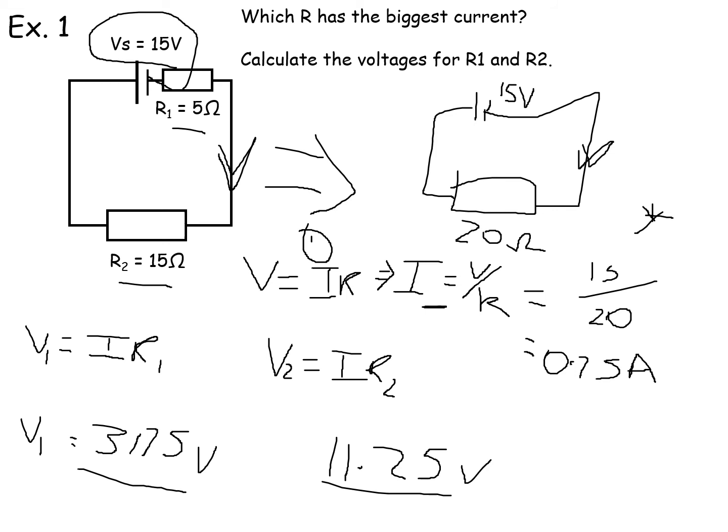So 11.25 plus 3.75, and I get 15 volts. So I know my answer is correct because my individual voltages add back up to the supply voltage. And that's the nice thing about physics, is you can always check the answer because it's consistent. Okay, folks?